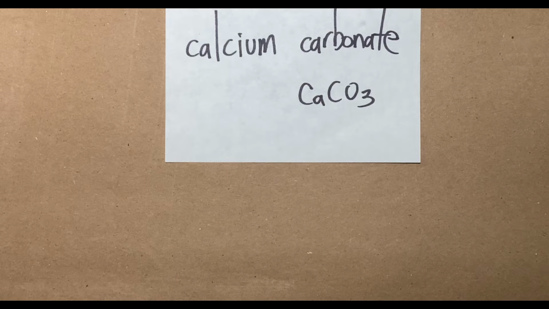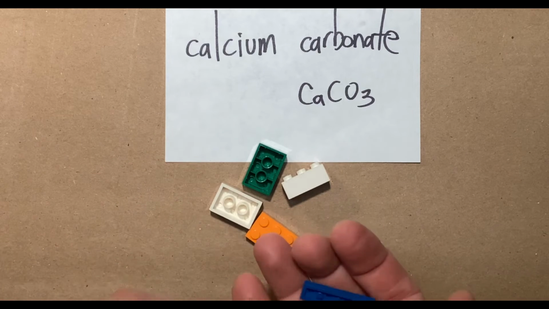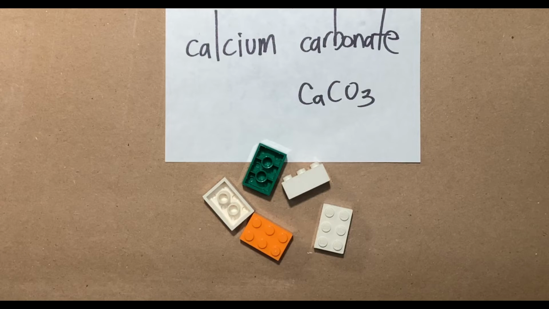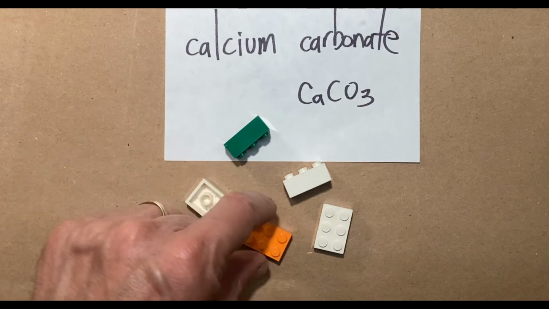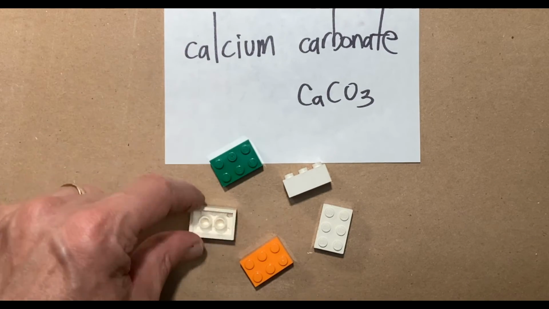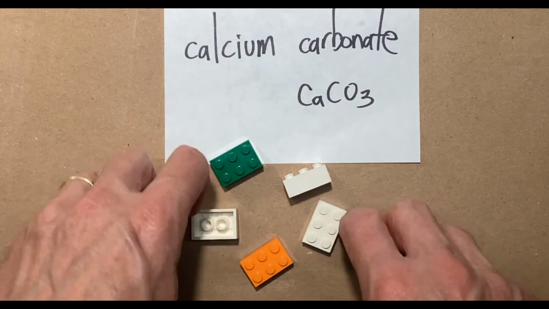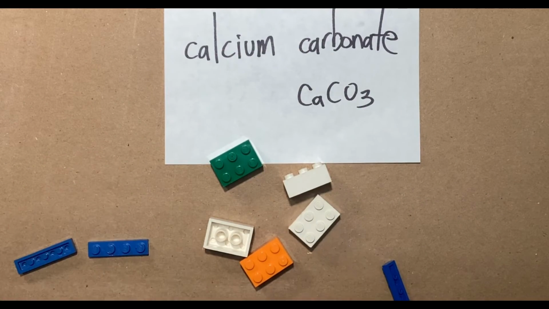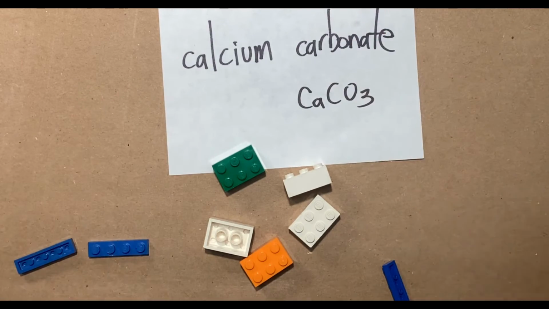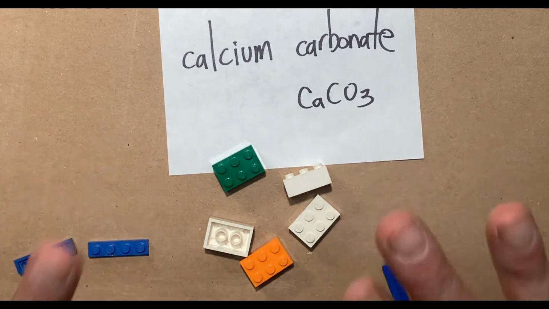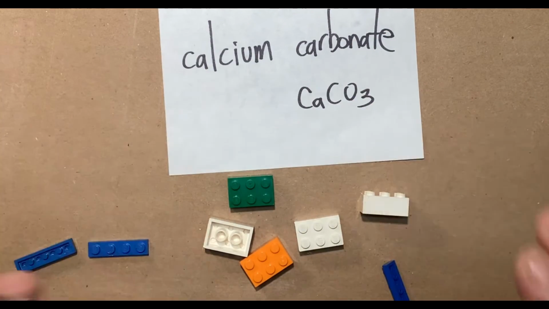So these are our elements here: one calcium, one carbon, and three oxygens, and they're going to be bonded together. In this case, we're using blue bonds. There are different types of bonds in chemistry, and that really matters, but for our purposes we're not really focused on the bond so much.